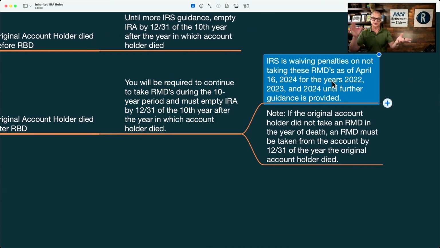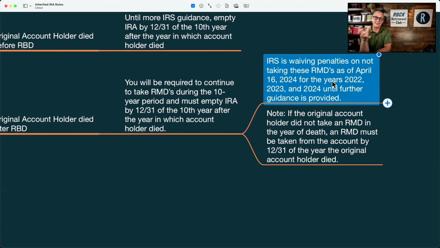Now, the IRS just recently came out, and this is where it came up in the podcast, for those that were not taking that required minimum distribution for this category, the IRS has been waiving the penalties in years 1, 2, 3, and now the 4th year in a row because they've been very unclear in their guidance.